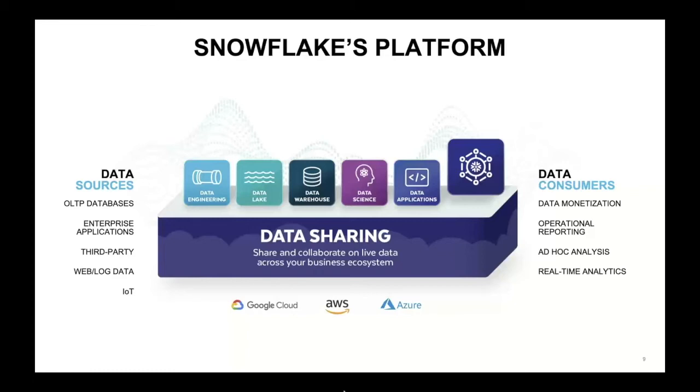And it's all being done as a managed service on the backs of the 3 major clouds seen below. And really the high-level takeaway, right, is bringing all the different data sources of any type, structured, semi-structured, and soon to be unstructured data, into the hands of the data consumers.